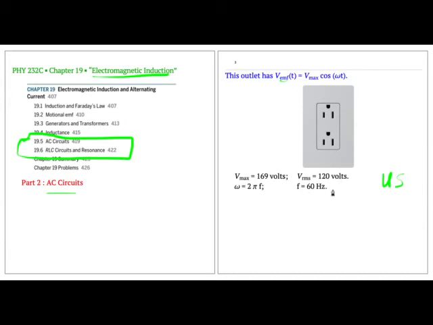Now the frequency is 60 hertz. In other words, 60 cycles per second. The oscillation between plus V max and minus V max, that time, that's the period of oscillation, that's 1 over 60. 1 second divided by 60. 1/60th of a second.